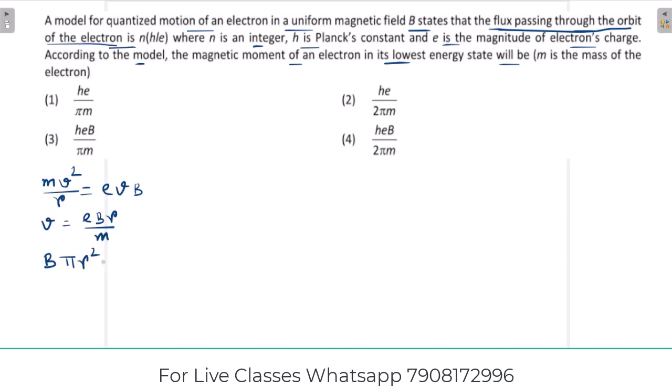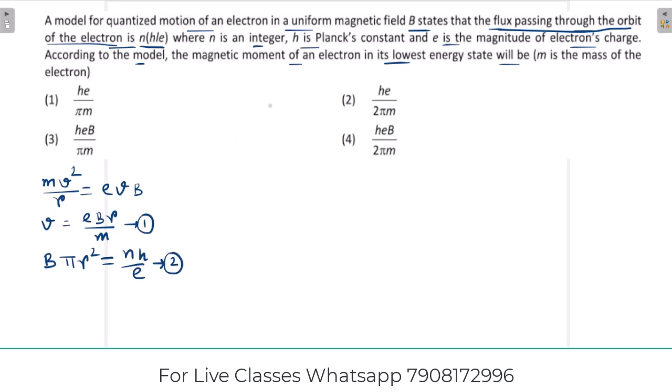So B into pi r square is the flux, equal to nh divided by e, it is given. So the velocity is eBr by m, and the flux B into pi r square is equal to nh by e. Let's say this is equation 1 and 2.